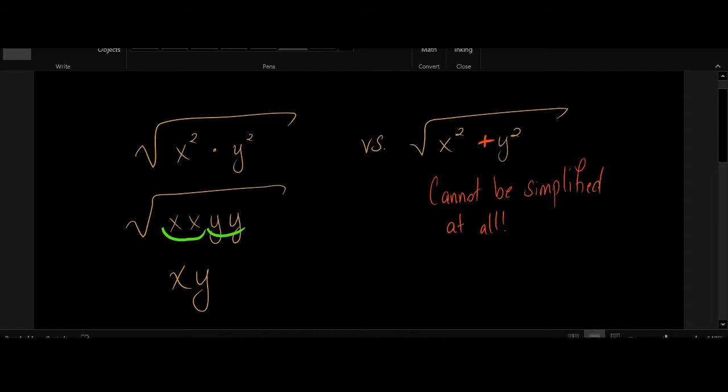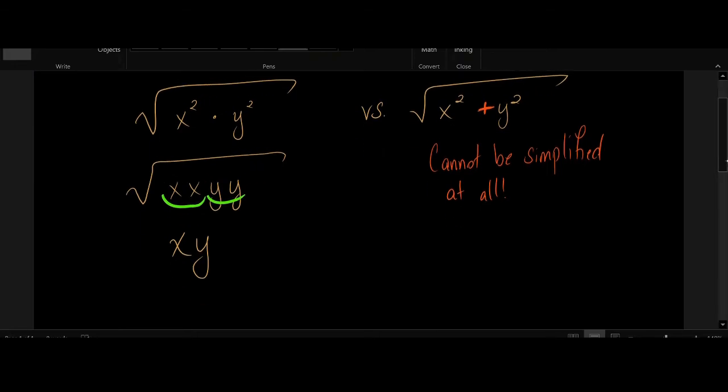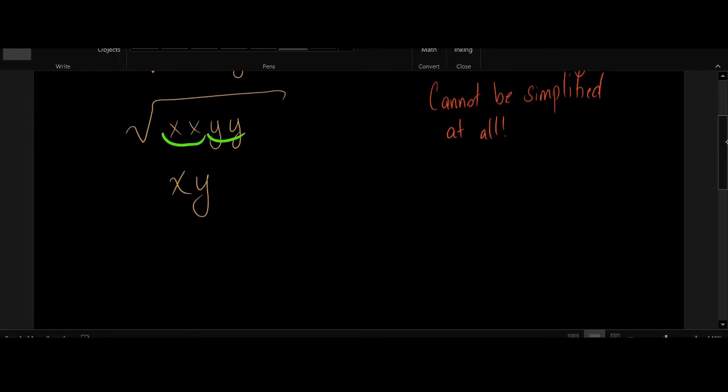The technique that we have used in the example on the left and the example in the previous video can only be applied when the quantities under the root are being multiplied together. If the quantities under the root are being added or subtracted, your square root cannot be simplified at all.